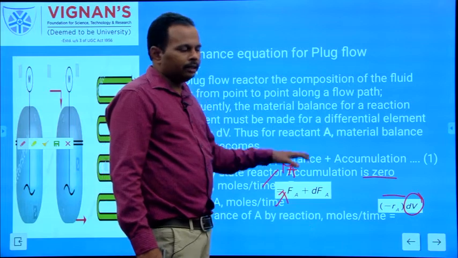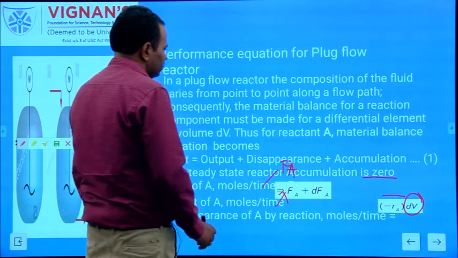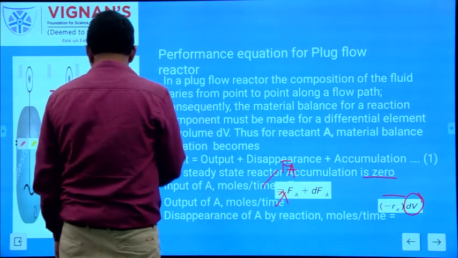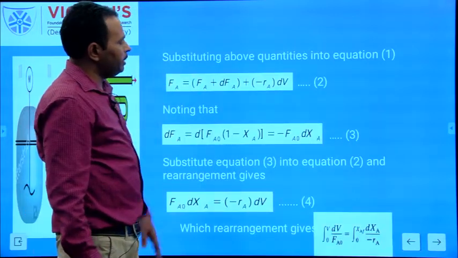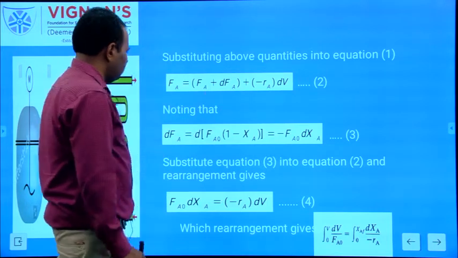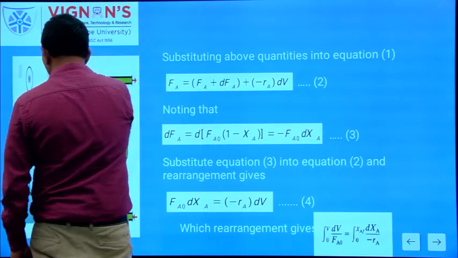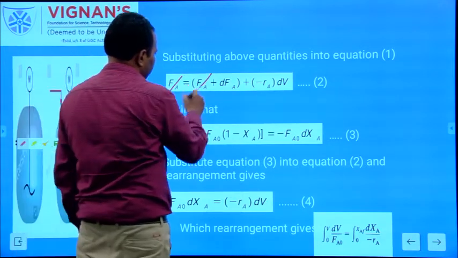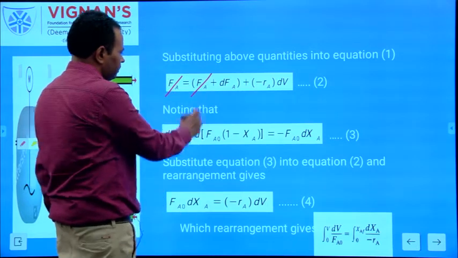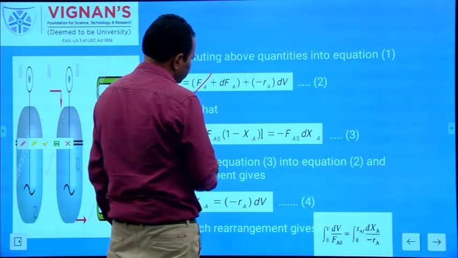Substitute all these quantities into the material balance equation, and accumulation is already 0 because of the steady state nature. FA is equal to FA plus dFA minus RA into dV. Here both FA cancel. Now do the mathematical manipulation.